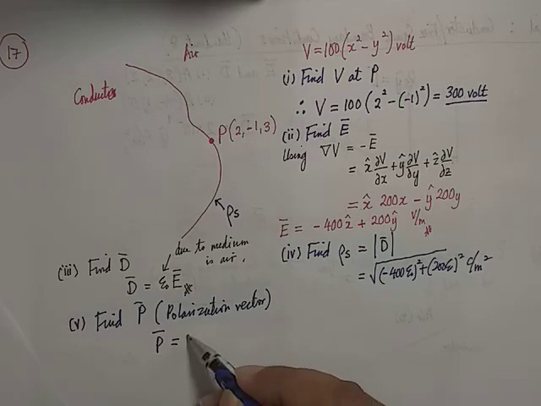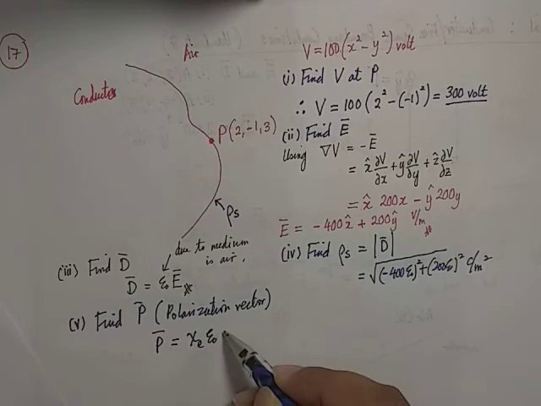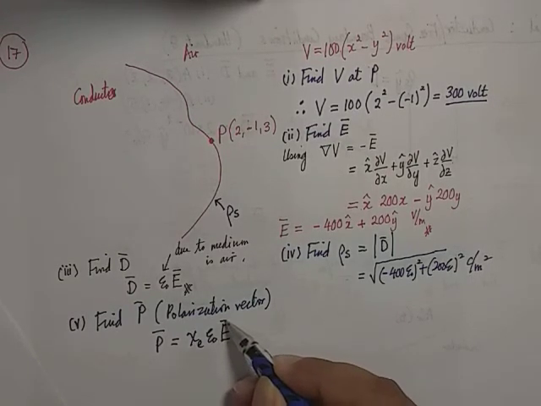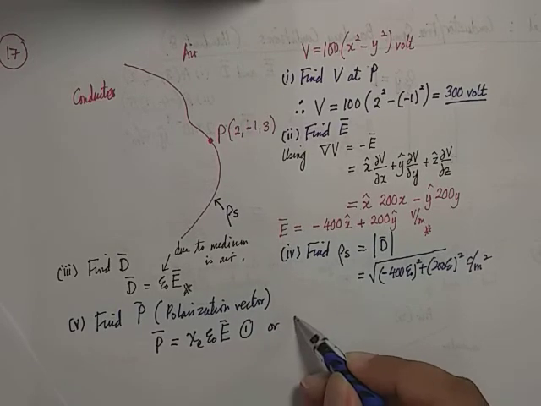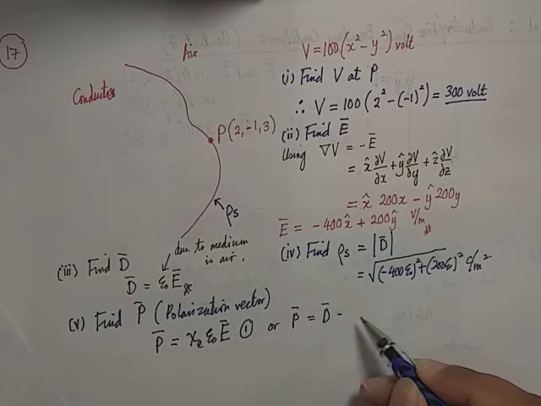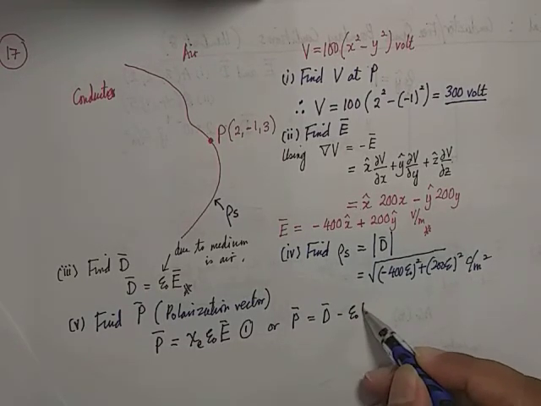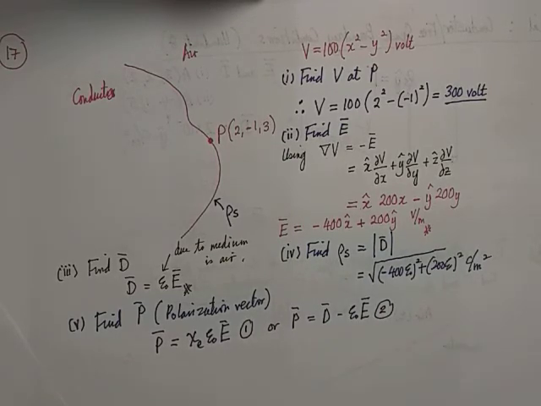One equation is electric susceptibility multiplied with epsilon naught multiplied with the E, or we can use that P equals D minus epsilon naught multiplied with E. So you can use two equations to find the P.